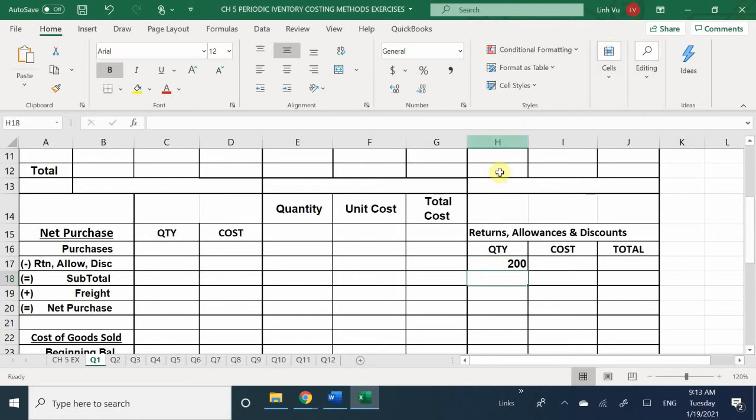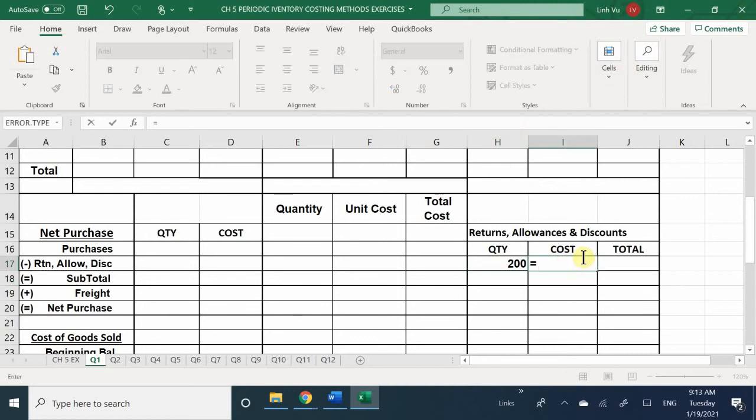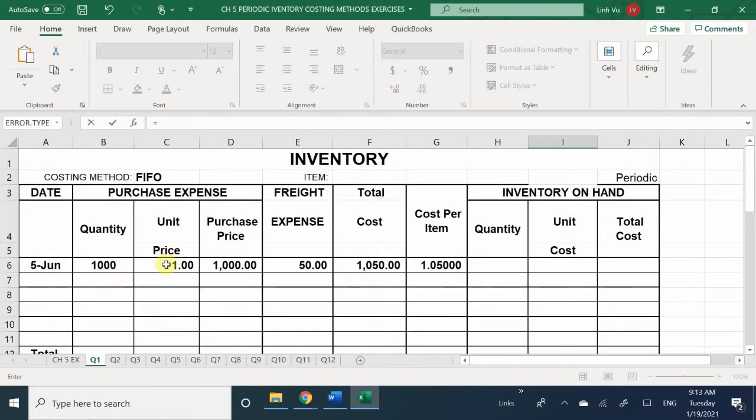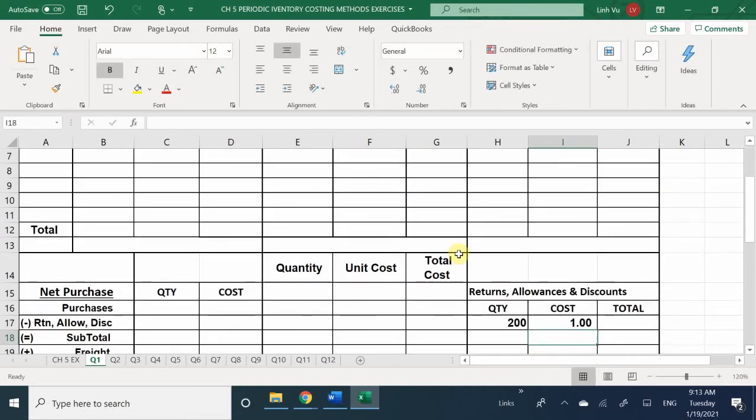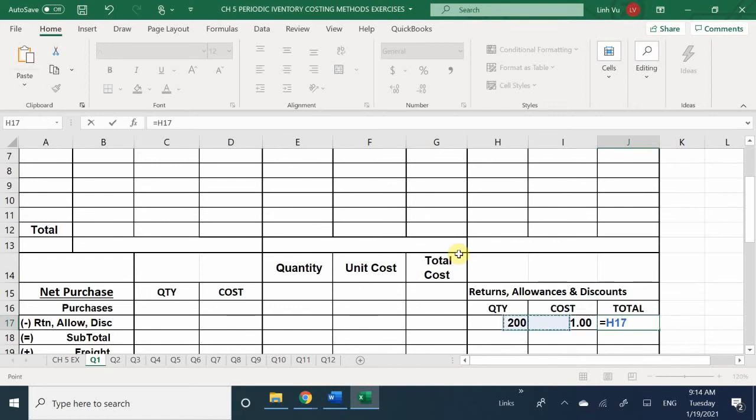How much did it cost me? We already figured it out. It was $1. You only have one batch, so your assumption here is $1. And how do we figure out how much we actually got back? How much did it cost me to return all 200 items? $200.